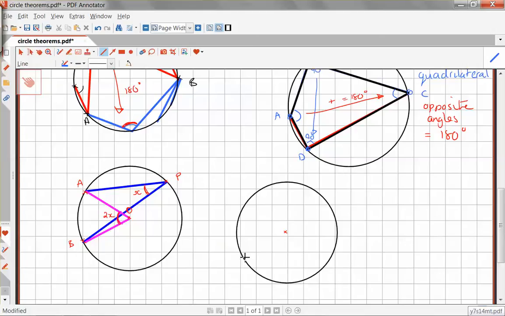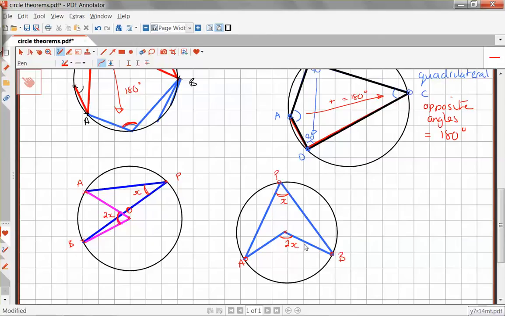And the reason is, if I go from this point into the middle, like that, so I create the bigger of the two angles, and then I go from the same points anywhere else. Do you recognise the symbol? Anyone into Star Trek? There you go, symbol. It's delta as well. And again, this angle is x, this angle is 2x.